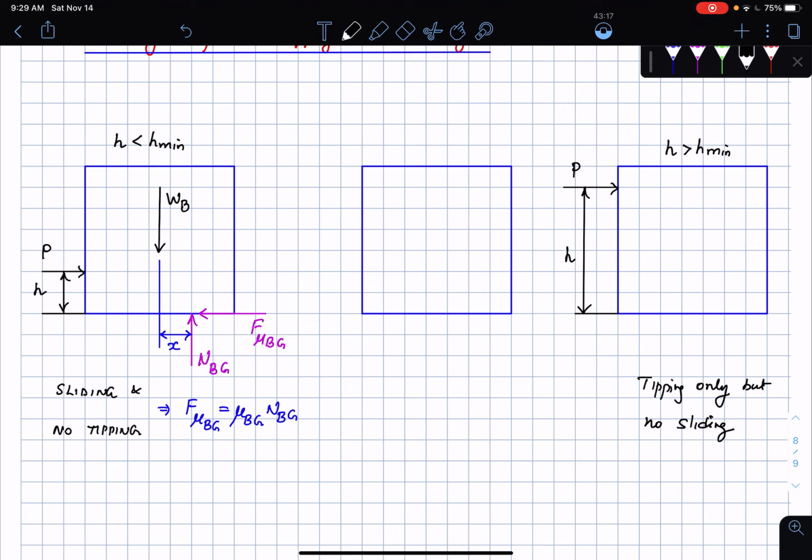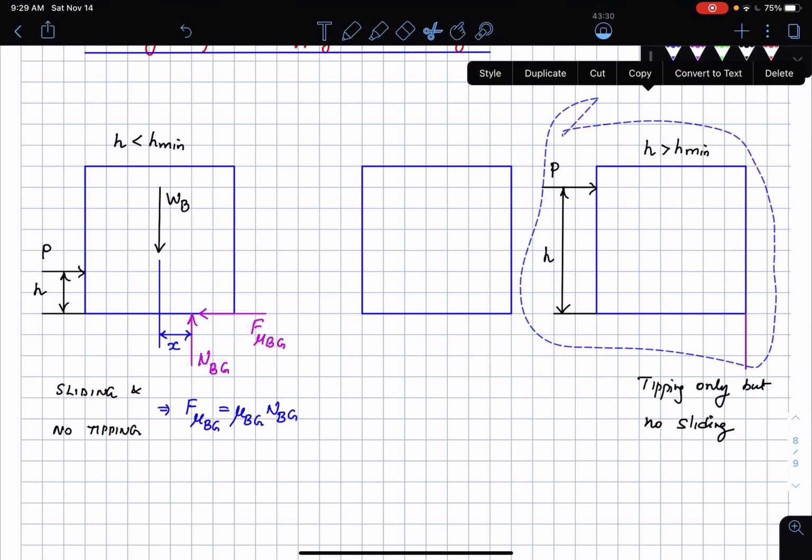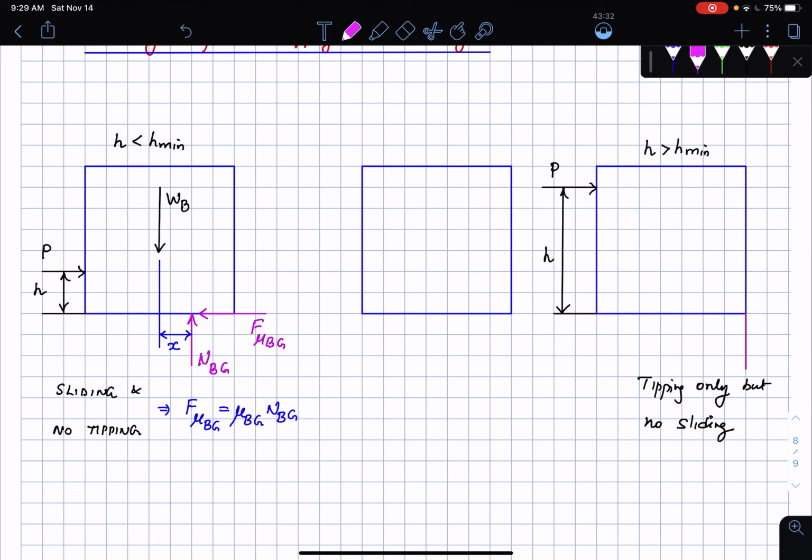Which means that the location of the normal force in this case is known to me. You see that, right? And the friction force is also known to me in this case. I want to just scoot this slightly on this side so that I can draw the friction force. So the location of the normal force is known to me, and the friction force is of course tangential to the contact surface, F_μBG, and then I have the weight of the body which is acting vertically down.